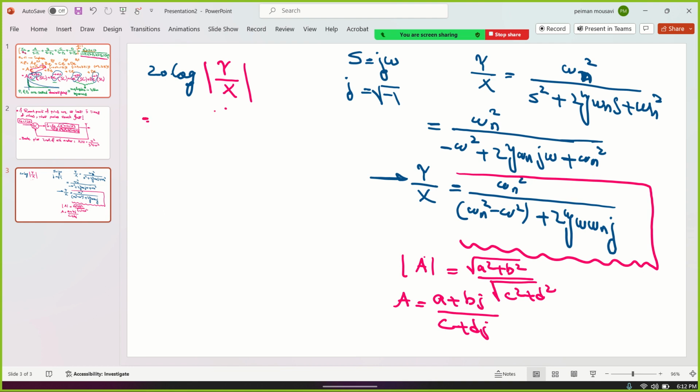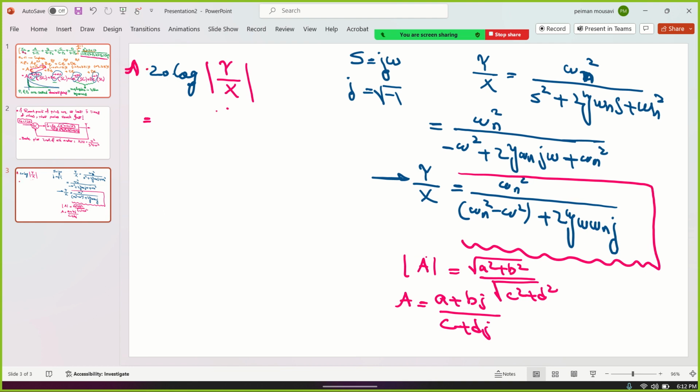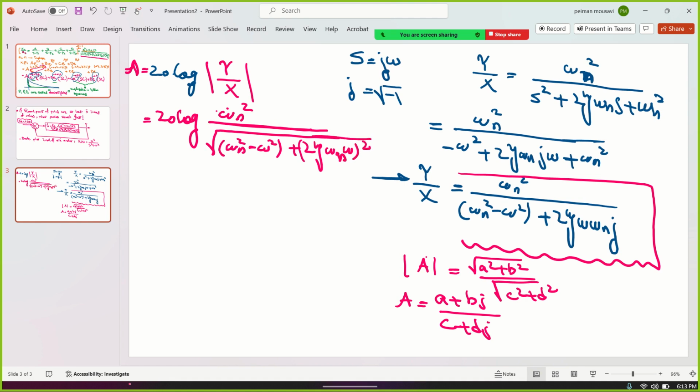So the amplitude for the Bode plot, that you know in MATLAB also, is 20 log of omega n squared over the square root of (omega n squared minus omega squared) squared plus (2 zeta omega n omega) squared.